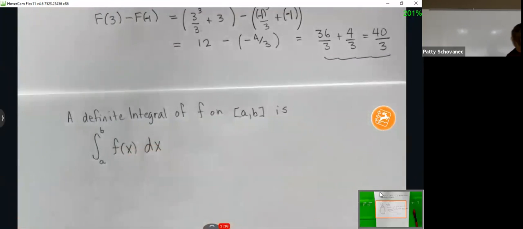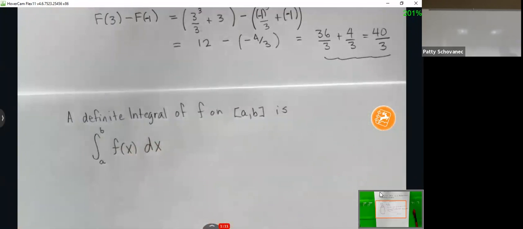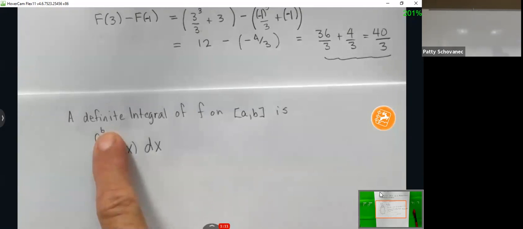Those are the numbers on the number line from left endpoint to right endpoint. This S represents a sum. It does the same thing that our little Greek letter sigma did, but now it represents an infinite sum of heights times width. The dx comes from the delta x. So height times width, and we're summing these from x is a to x is b.